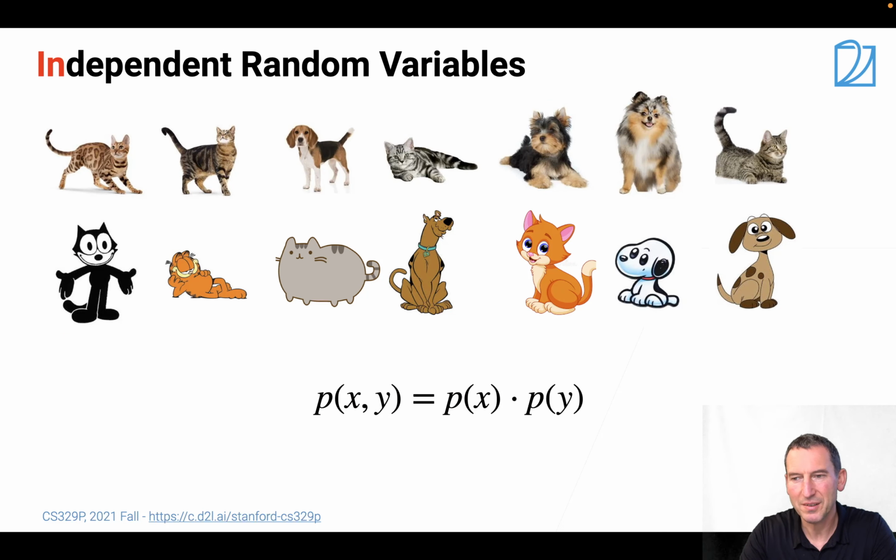But if there is no dependency, basically if I just toss a coin, and if it's heads, it's a cat, and if it's tails, it's a dog, then I can do that for the top and the bottom row. In that case, truly p of x and y would factorize into p of x times p of y, right? If that's the case, this simplifies a lot of our life, but it can actually also make things a lot worse, because in that case, sometimes we can actually not do what we set out to do.